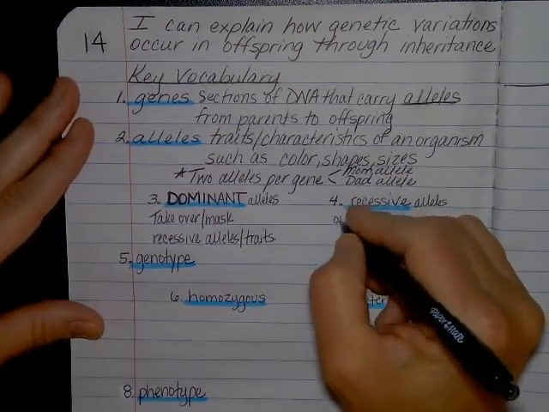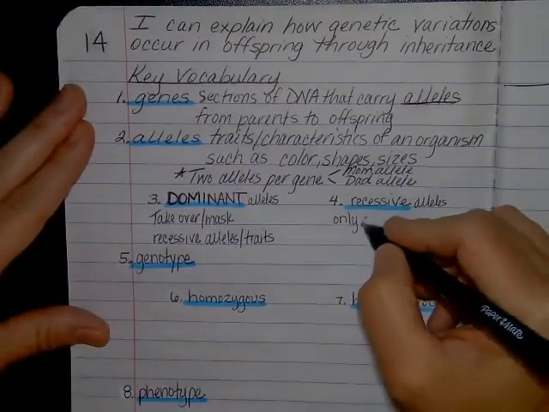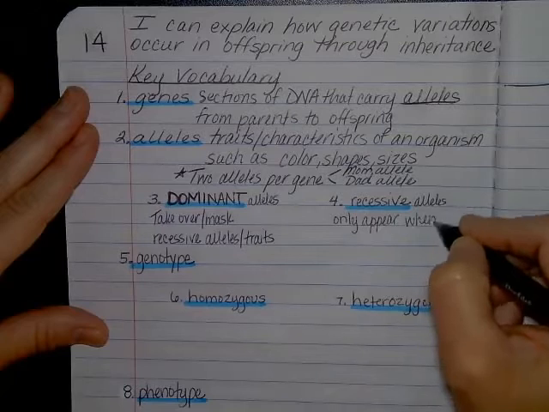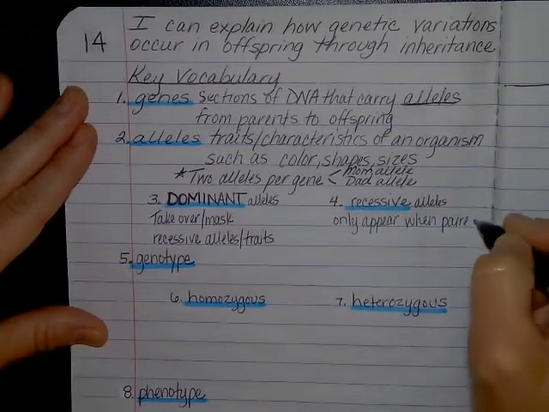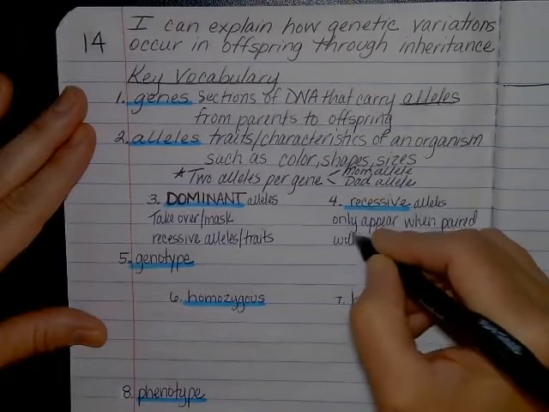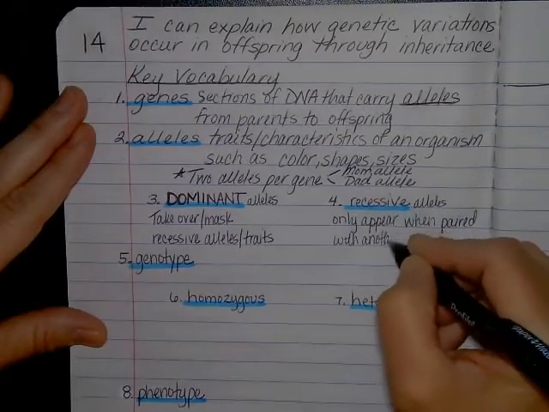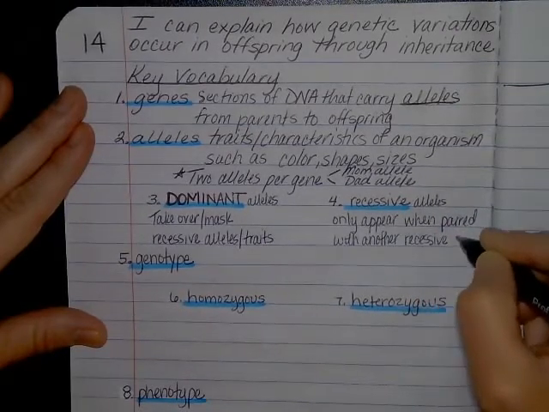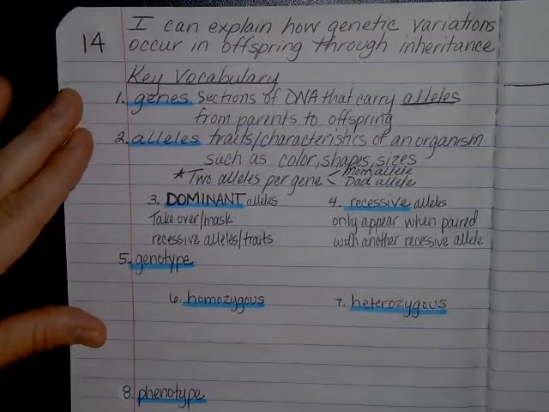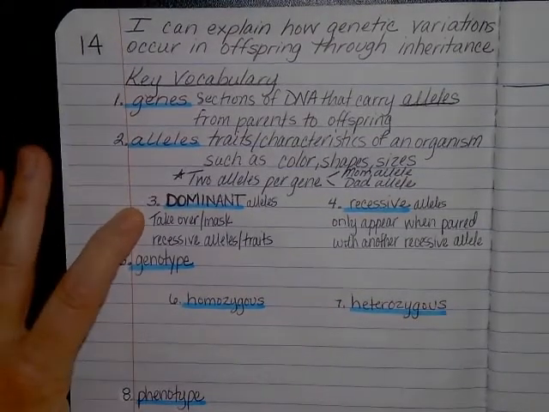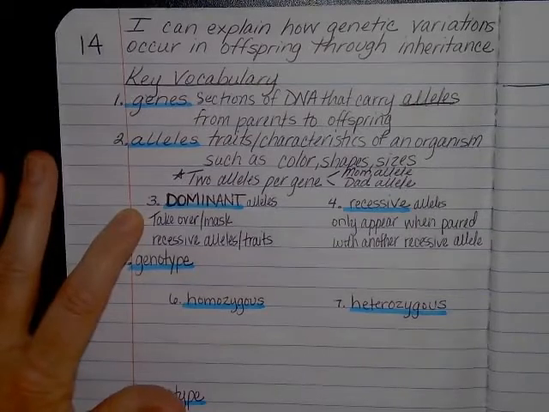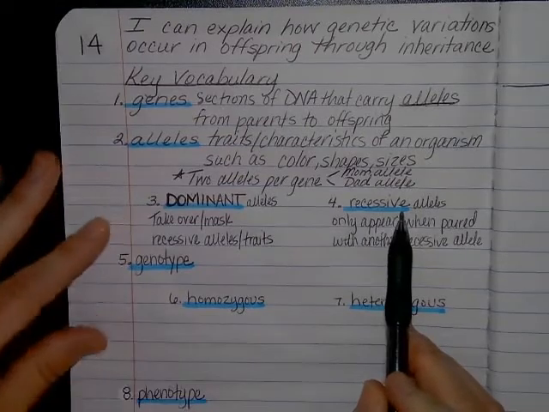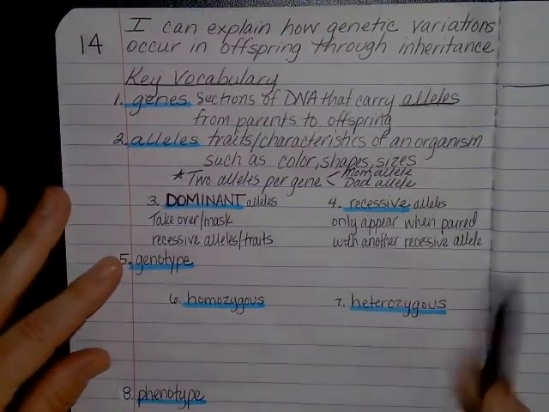And then recessive traits or alleles only appear when they are paired with another recessive allele. So if there's a dominant allele in the pair, the dominant wins. But if there are two recessive alleles or traits, that's when the recessive will be able to appear. Okay? So we'll get more into that as we go.